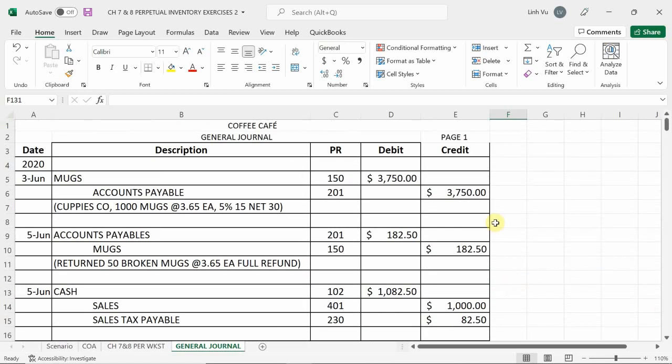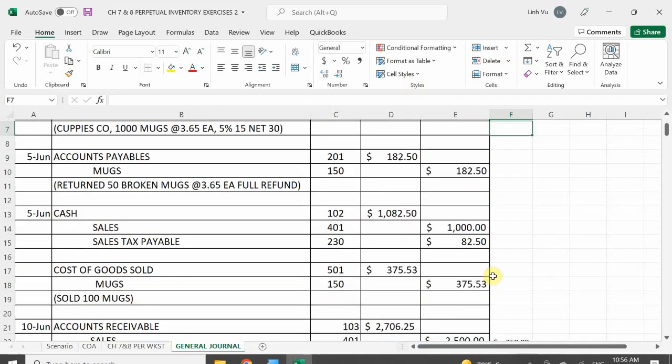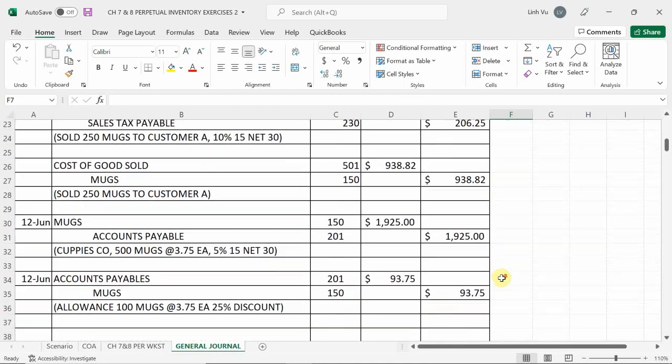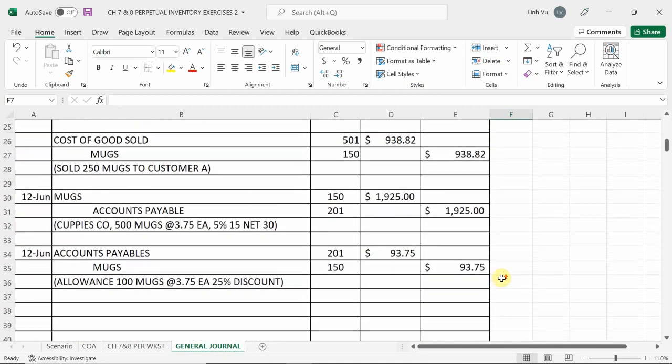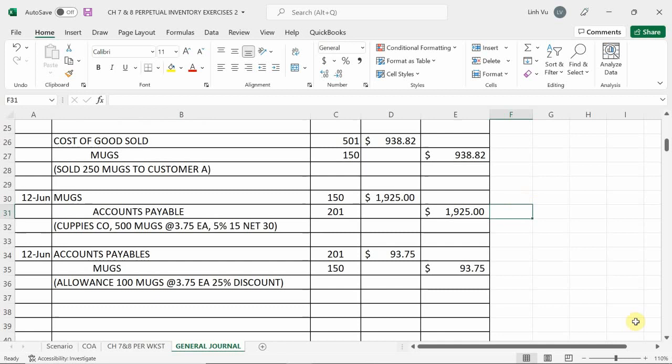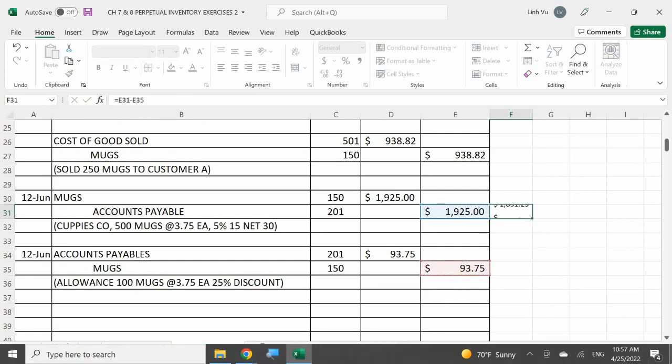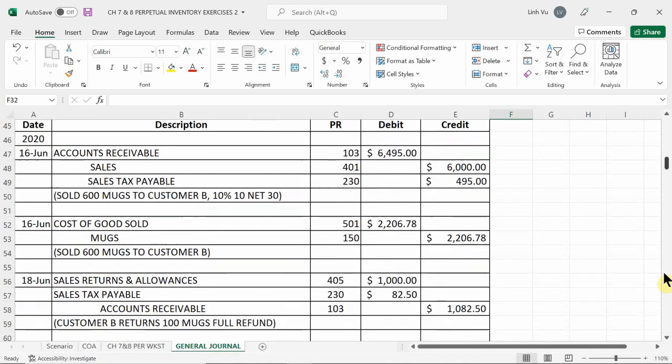So 3,750 minus 182.50 should give you 3,567.50. Okay. Plus 1925 minus 93.75 should give you 1831.25.